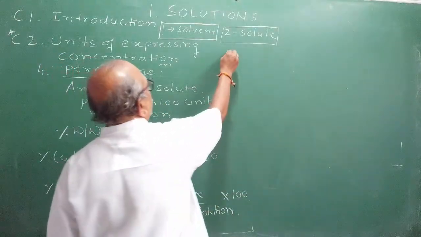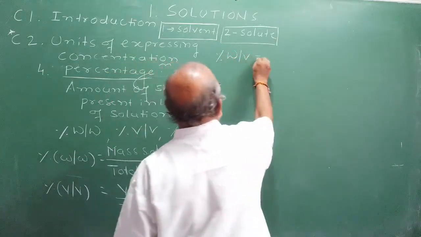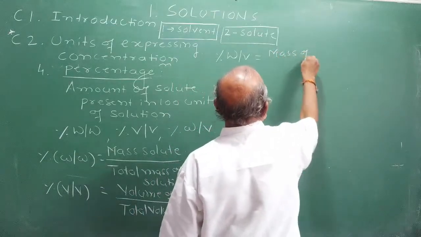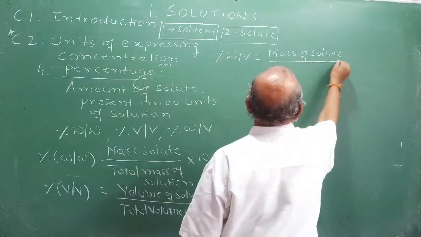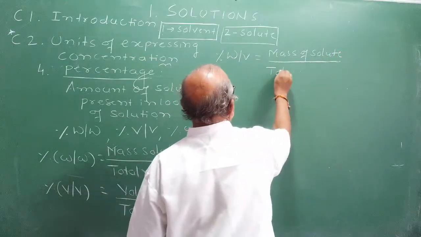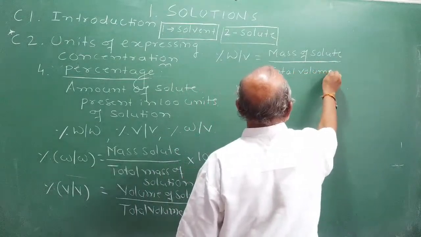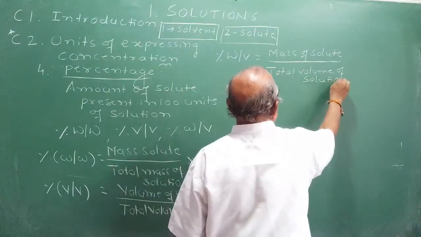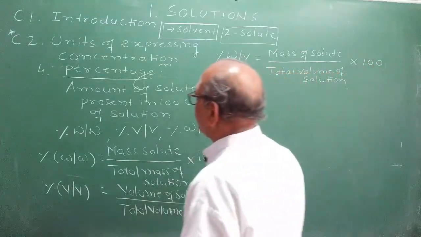Then the third one is mass by volume. Percentage mass by volume is given by mass of solute divided by total volume of the solution, into 100. You remember these formulas correctly.